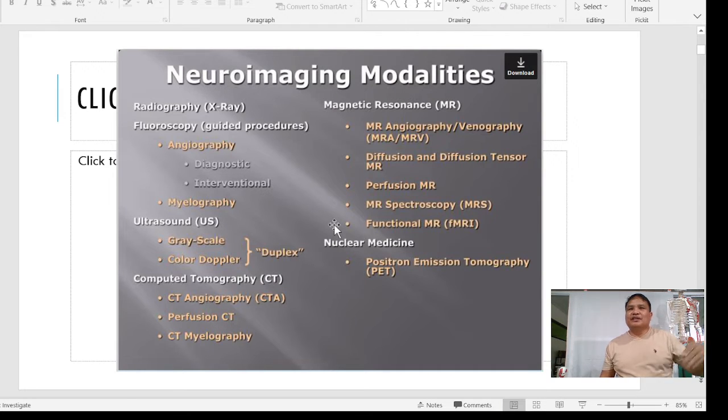So basically, all these modalities are used to produce images of the brain, spinal cord, or the peripheral nerves. For peripheral nerves, what is used is ultrasound.